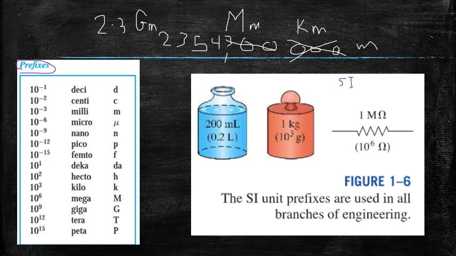Instead of using inch, feet, pound, ton, yard, and so on. Why is this easier than using feet and inch? For example, the foot is 12 inches.